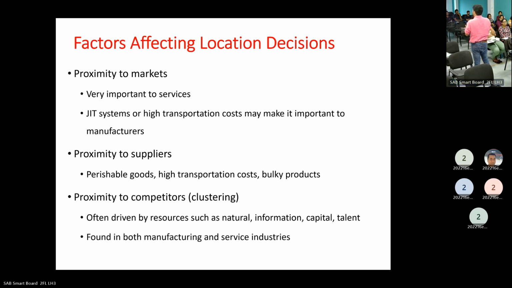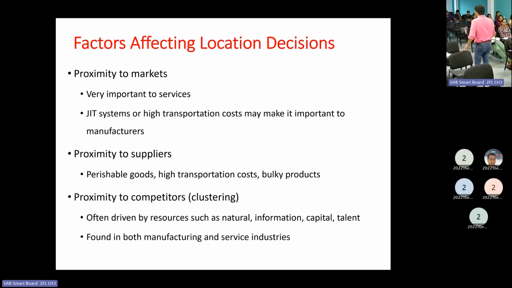So clustering location. In manufacturing, let's say certain natural resources are available. Different types of clays and minerals are available only in certain areas, and maybe porcelain products, right? And most of the suppliers are located close by.